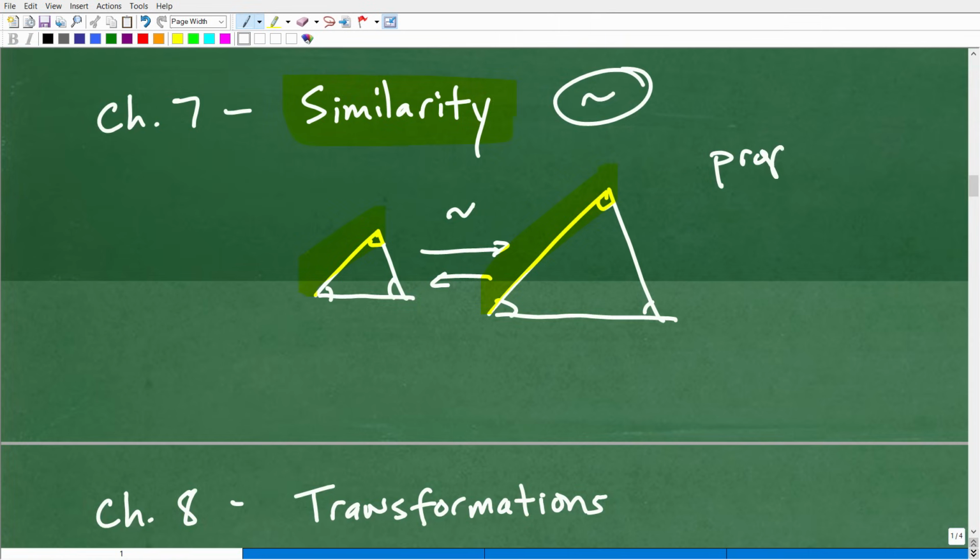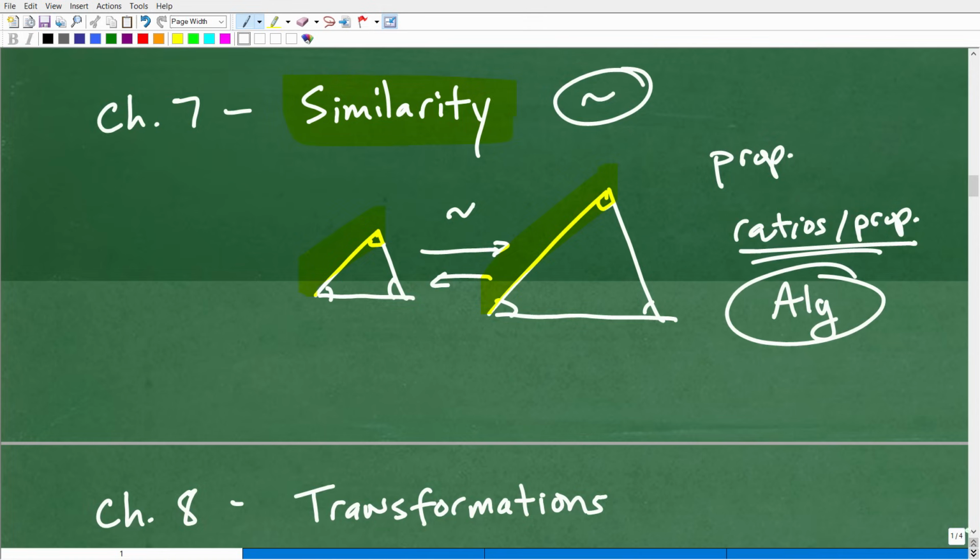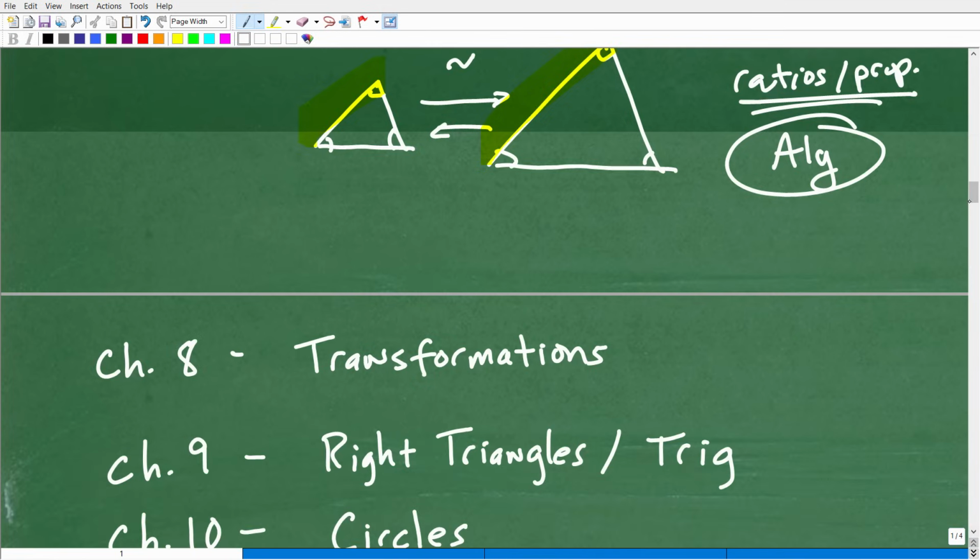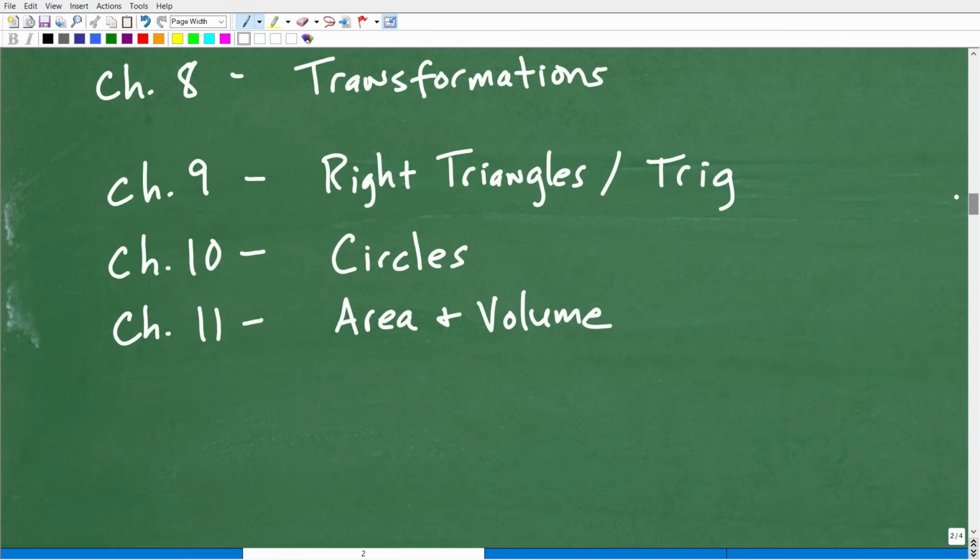All right, so you're going to find out in this particular chapter, you're going to be setting up a lot of ratios and proportions to solve problems. Okay, very, very important that you understand the difference between similarity and congruency. And again, ratios and proportions, things that you learned in algebra. Okay, you're going to have to bring all your algebra skills to geometry for sure.